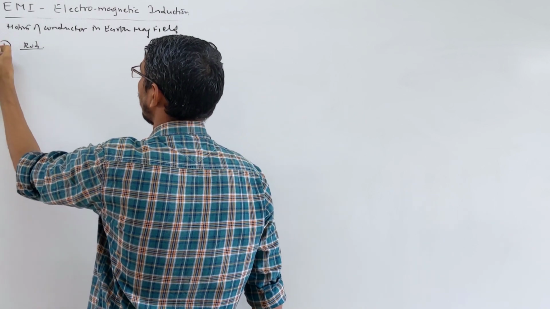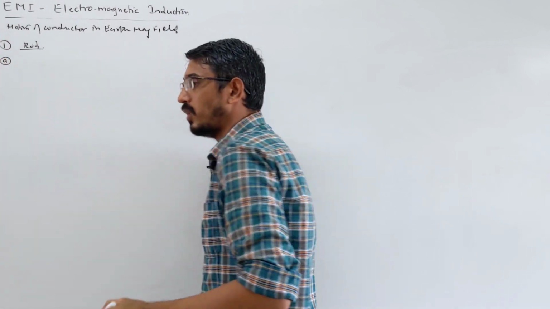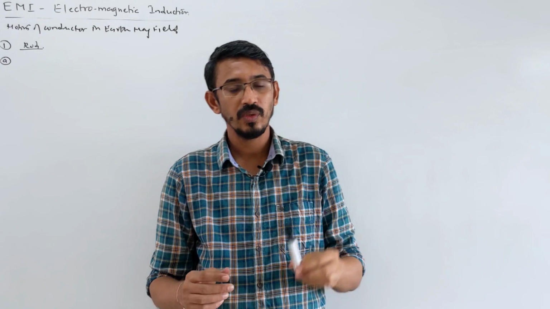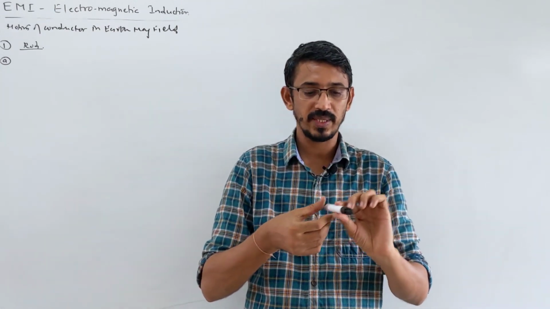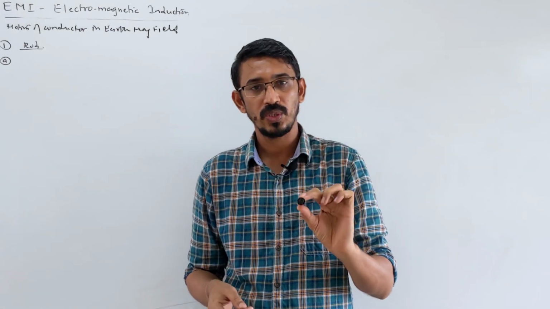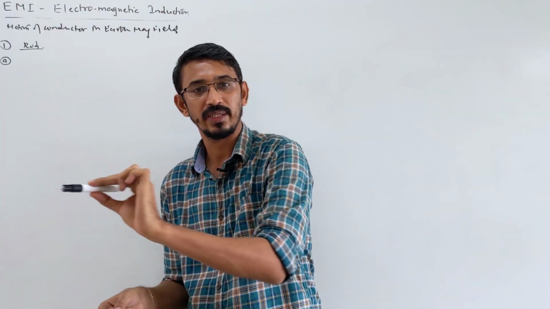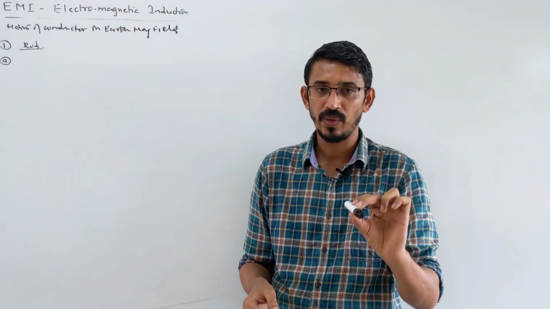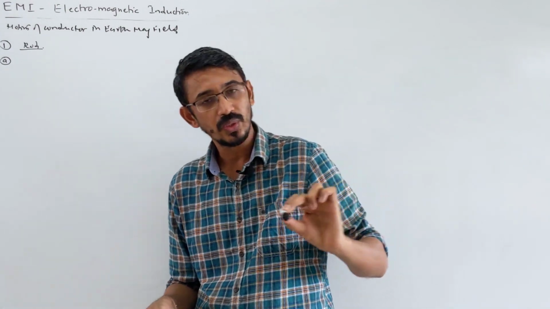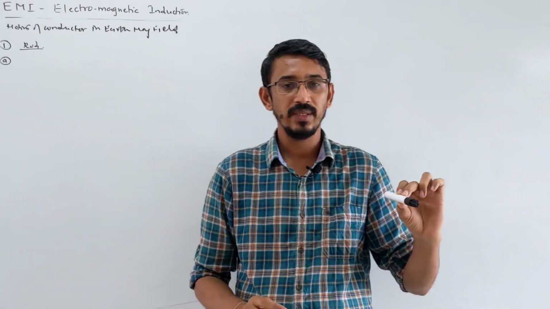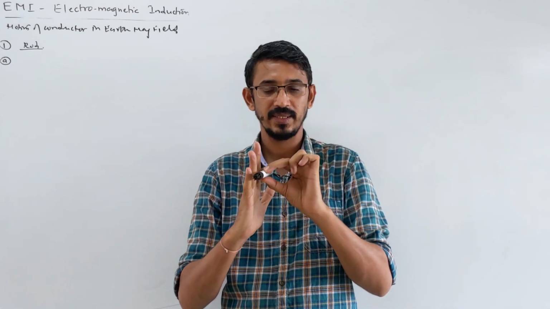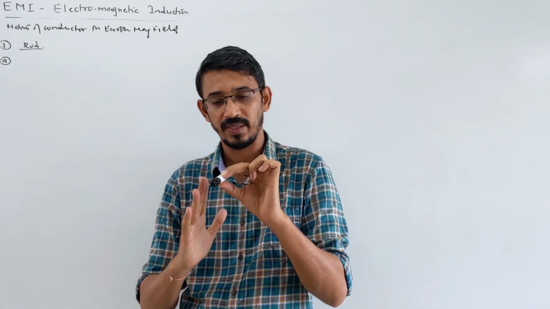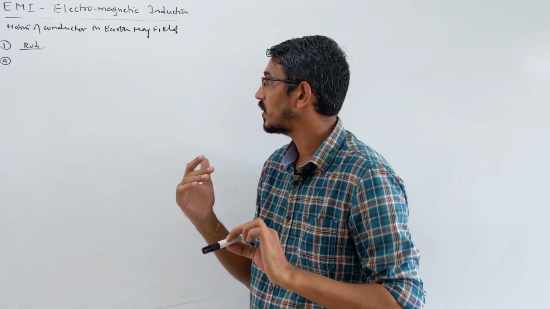First type: you have a rod, hold it horizontally and move it horizontally. Then we need the vertical component of Earth's magnetic field to cross some flux through this, to induce some EMF.